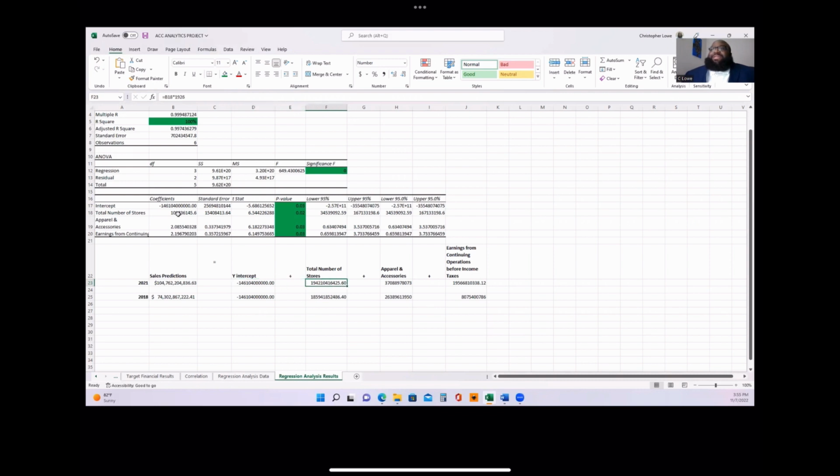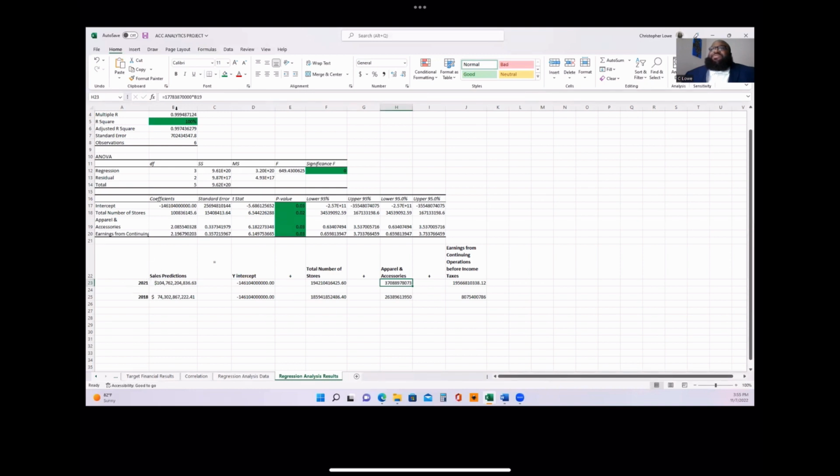number times its coefficient. So for total number of stores, for this particular one for 2021, it was 1,926, and we multiplied that times the coefficient for total number of stores. We also did the same thing for apparel and accessories for 2021.